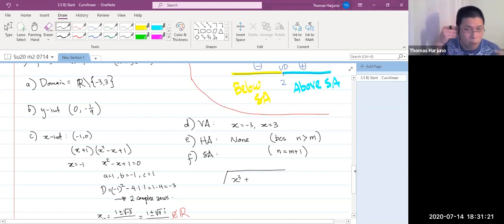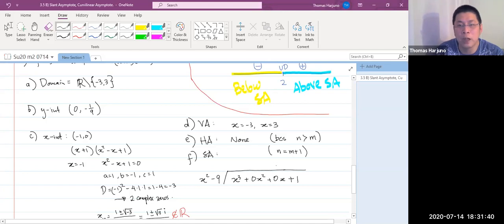The top one is degree 3 with placeholders: x cubed plus 0x squared plus 0x plus 1, and the denominator is x squared minus 9. x squared goes into x cubed x times, so it will be x cubed minus 9x.